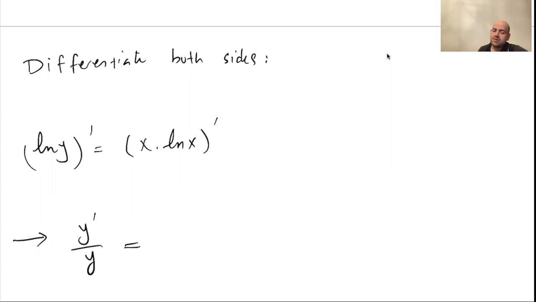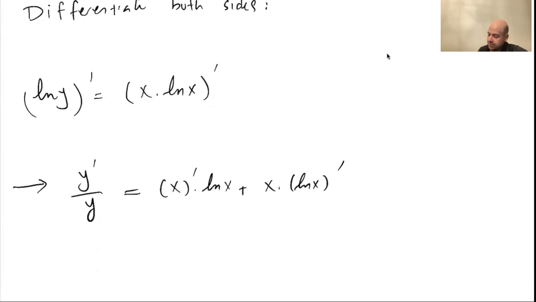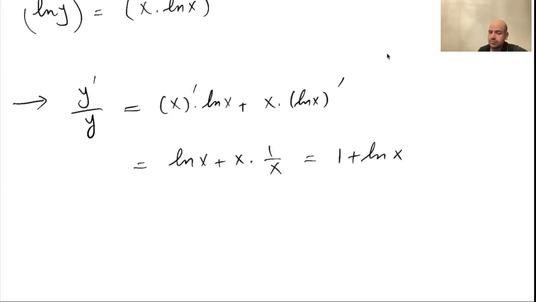And x times ln x, use product rule. So derivative of the first function, which is x, so x derivative times ln x plus x times ln x derivative. Derivative of x is 1, so ln x plus x times derivative of ln x is 1 over x. So that's going to be 1 plus ln x. So y prime over y is 1 plus ln x.